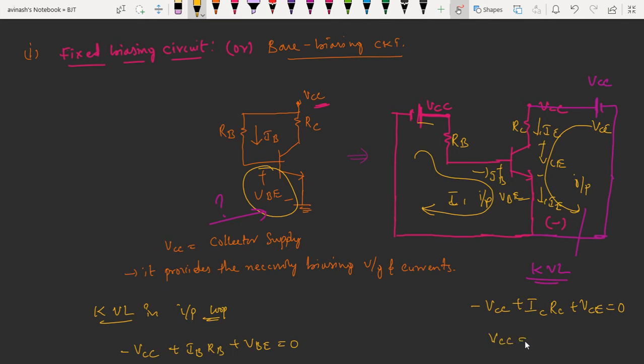That implies VCC is equal to IC into RC plus VCE. RC is selected in such a way that VCE is equal to VCC by 2, because we have split this voltage VCC into two parts, one half and the other half. Due to this, the operating point at the center of the load line will shift. RC also acts as a load in the amplifier.